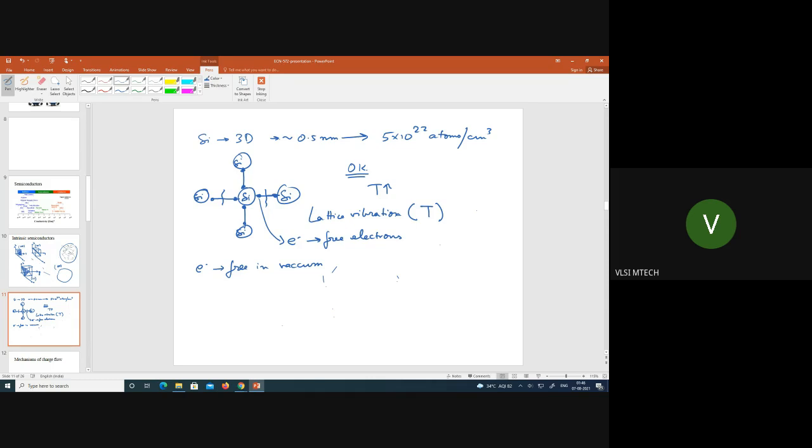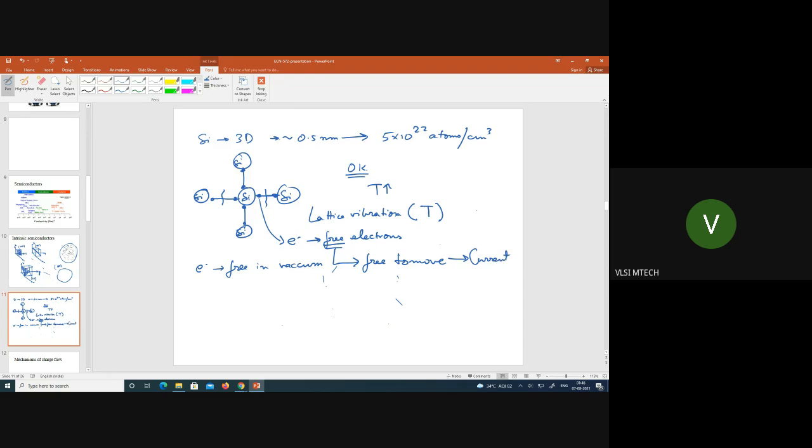So they're sort of free. In this case, the electrons are still in the lattice, they're still in the semiconductor material, they're not in vacuum, but they're free from the bonds, right? So they're free in the sense that they're free to move. And these electrons would in turn result in what you normally see as current.